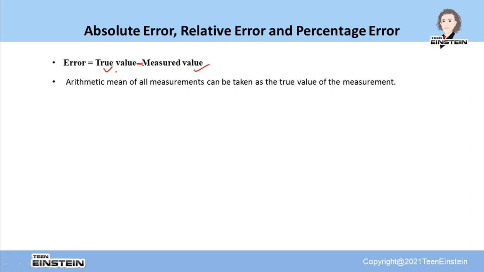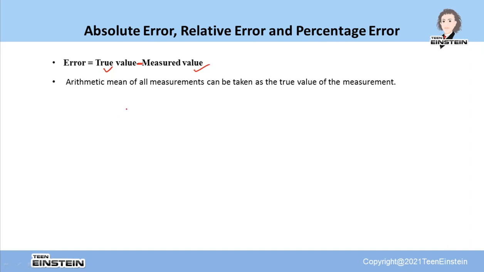So the measured value and the true value both we are measuring, but the true value is the arithmetic mean. The arithmetic mean of all the measurements can be taken as the true value of the measurement. You might be thinking, what does it mean?